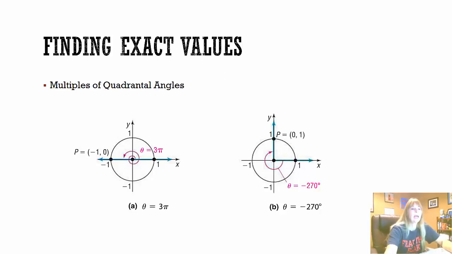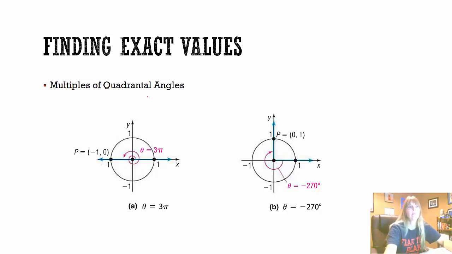All right. And then we took those 6 trig functions and we said we could find the value of those functions based on quadrantal angles. The quadrantal angles again being 0, 90, 180, and 270, because you're actually not in a quadrant, you're on an axis.